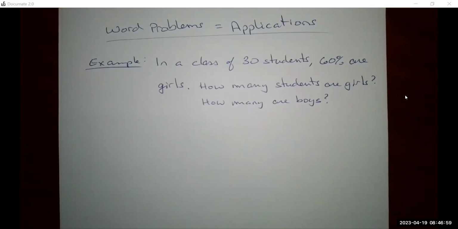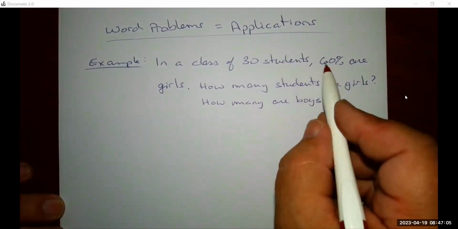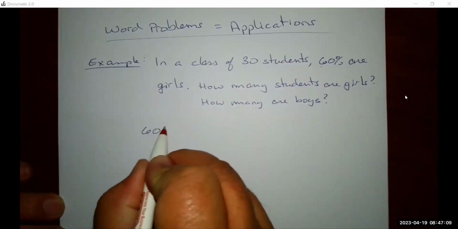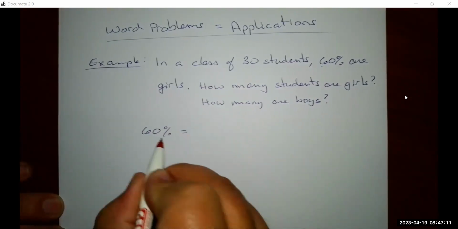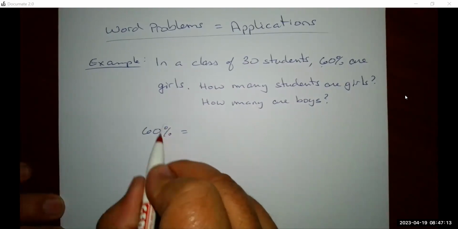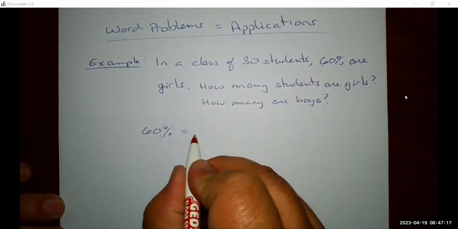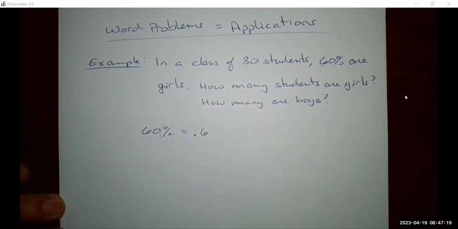There's a couple of ways we could look at this. You know, it's 60%. Convert that into a decimal first, because you can't do math with percent. So move it over to the left. So that equals 0.6.